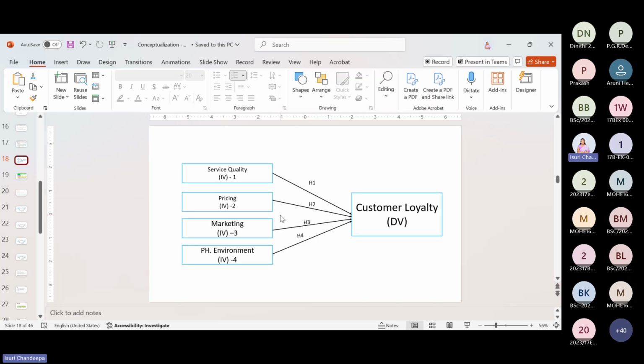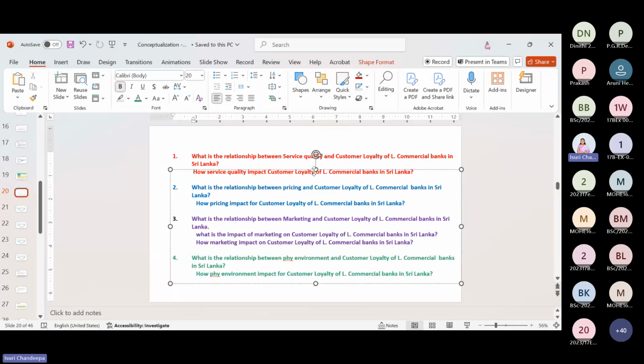The next point, if you are developing the questions with the format, including the five essential components, you have to maintain that standard. You need to maintain a standard when you are developing the questions.